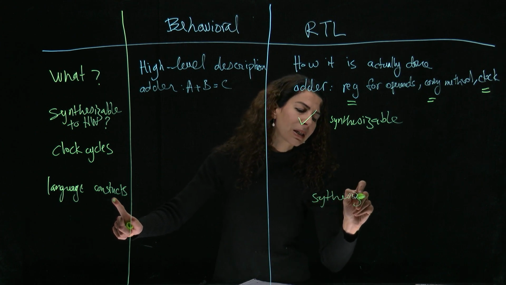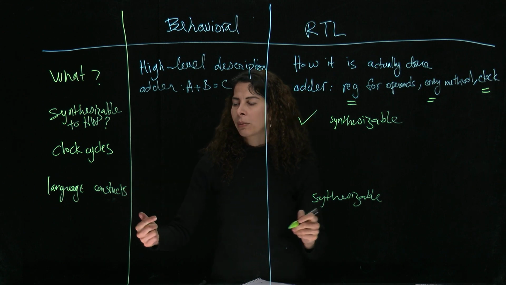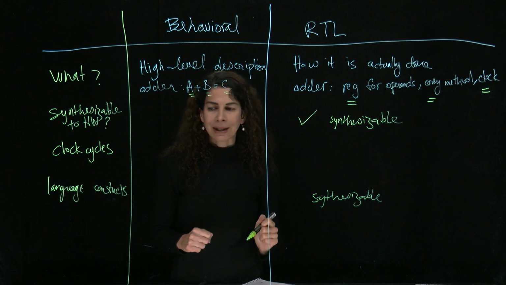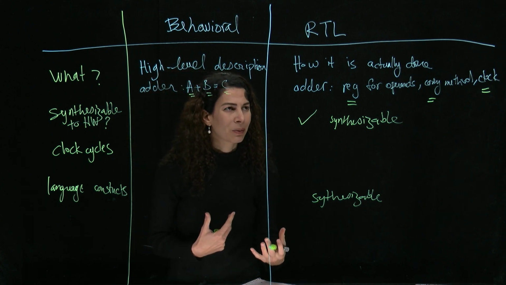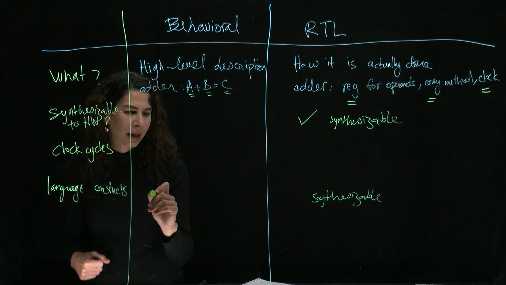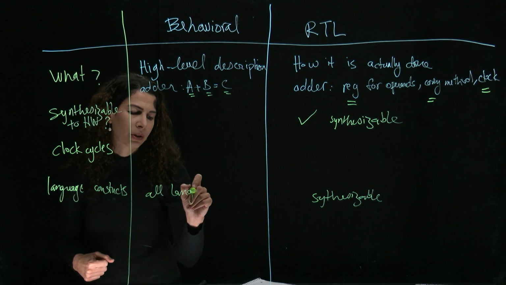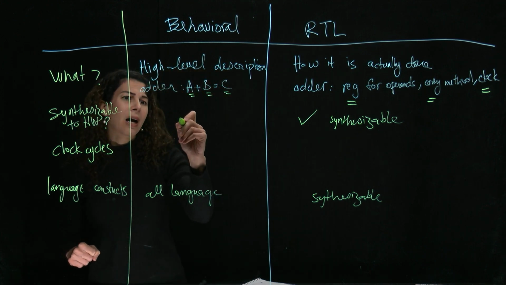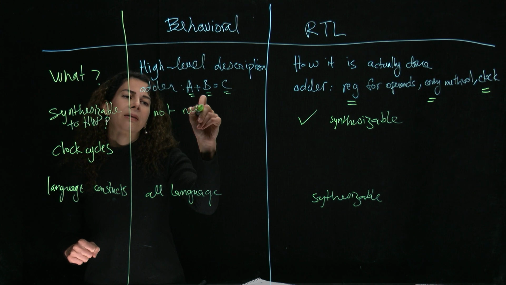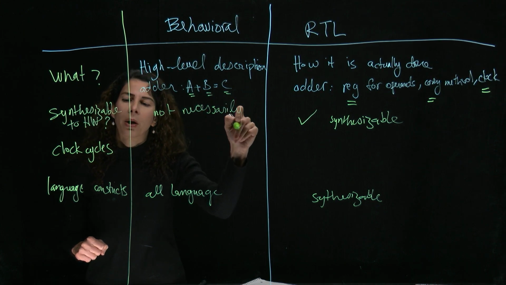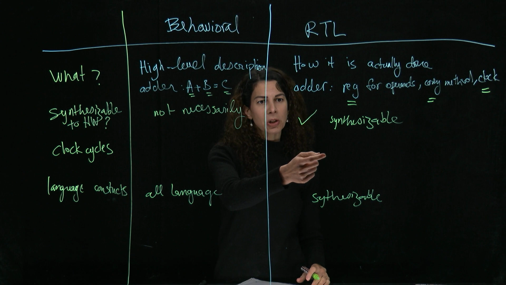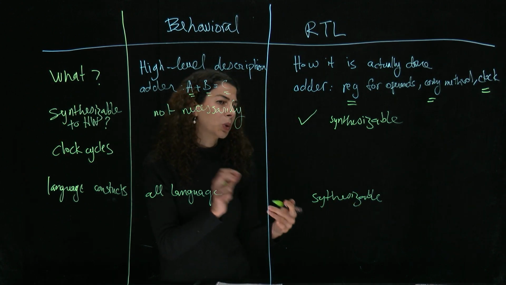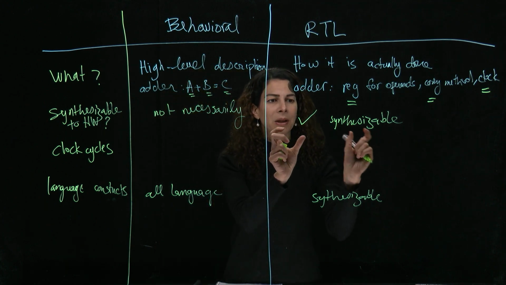But if I'm talking about the behavioral model, where I'm just describing A plus B is equal C, I can make things that only work in simulation and not for synthesis. So all language constructs that are used in simulation and synthesis can be used here. And so this is not necessarily synthesizable to hardware. And here I also need to know how the clock is connected, and I'm only going to be discussing the logic that is happening between the clocks.